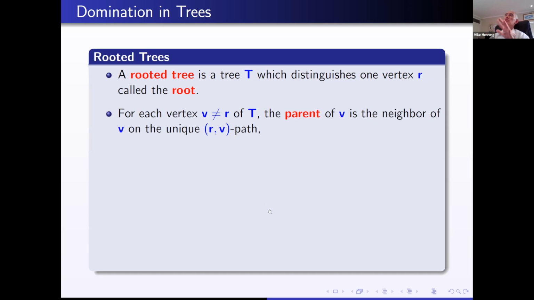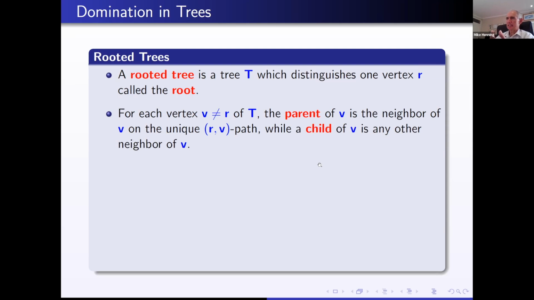For every vertex v, the parent of that vertex is the neighbor on the unique path from the root to v. Every other neighbor of v is a child of v.